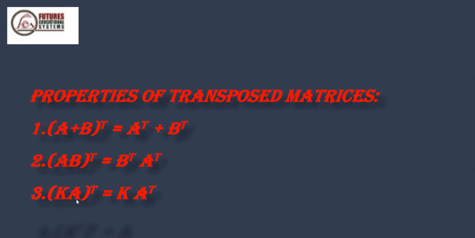Property 3: if K is a constant, (KA) transpose equals K A transpose. (A transpose) transpose gives me the same matrix A.